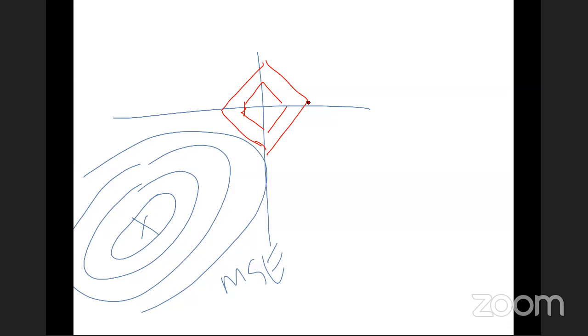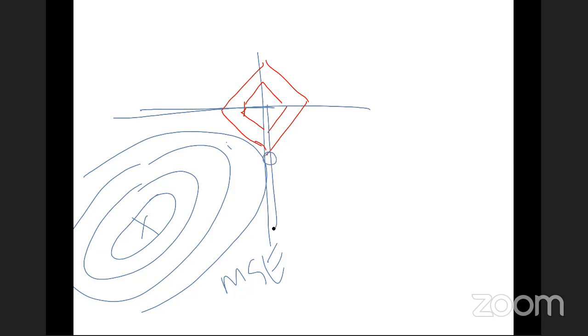Depending on the value of lambda, which is the optimization penalty for the L1 loss, wherever the contour is tangential to one of the corners here, at that point the other feature will be eliminated.